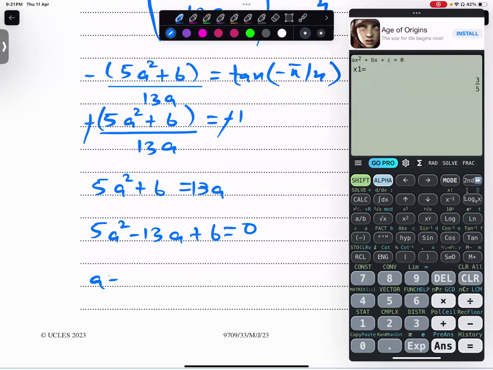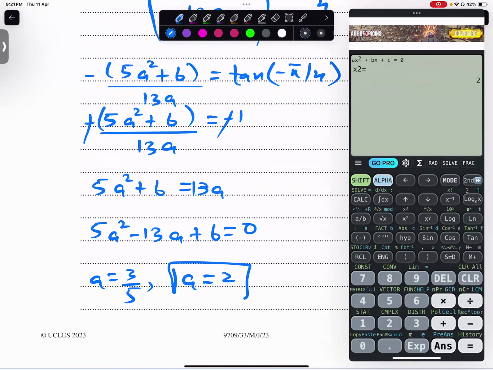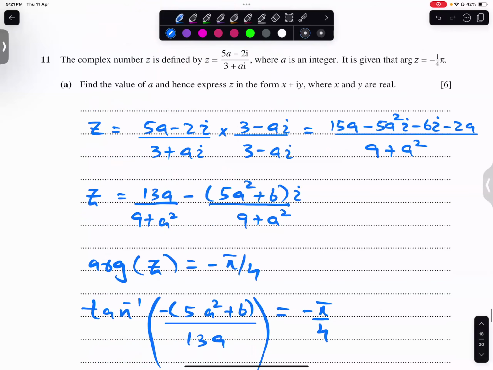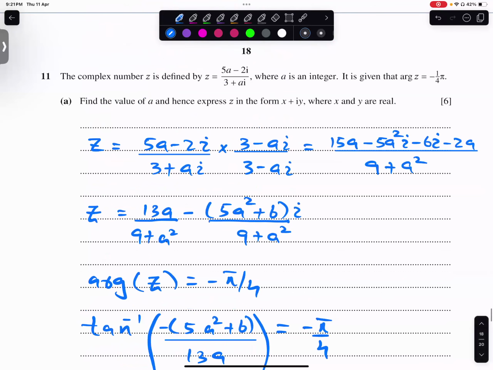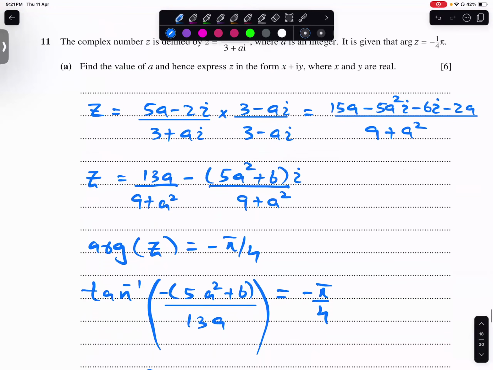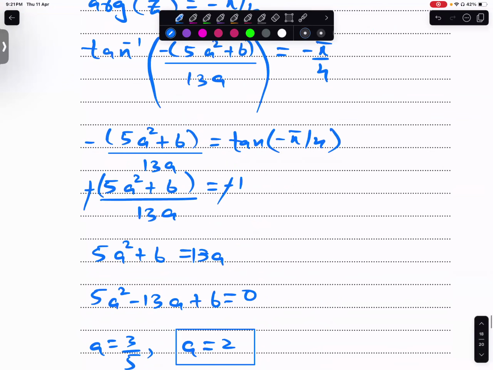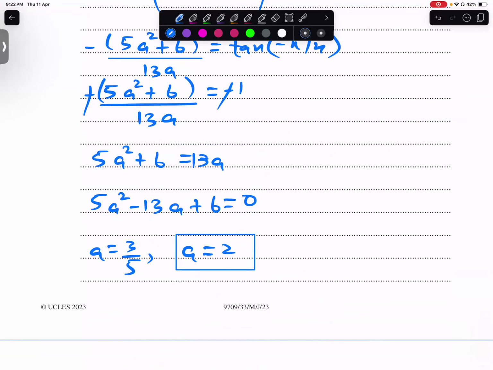A is either 3 by 5, which is not true because a was integer, so a is equals to 2 only. Find the value of a and hence express z in the form of x plus iy. So this is my value of a only, because 3 by 5 is not acceptable, because a was integer.